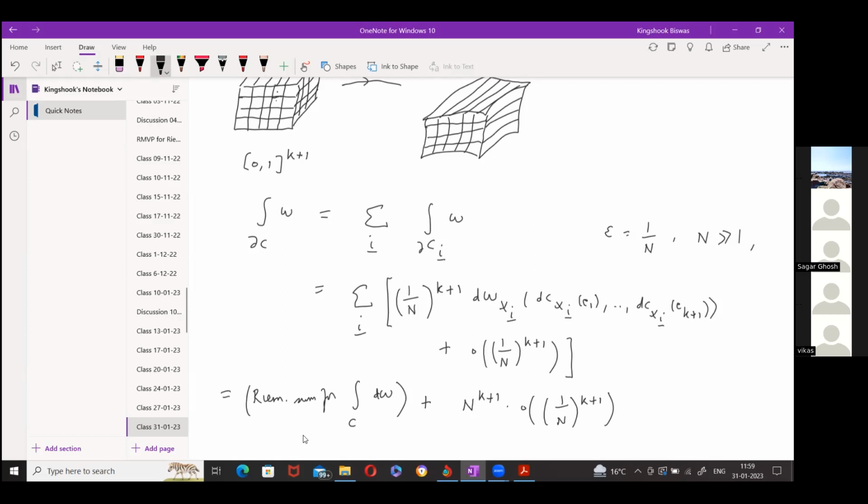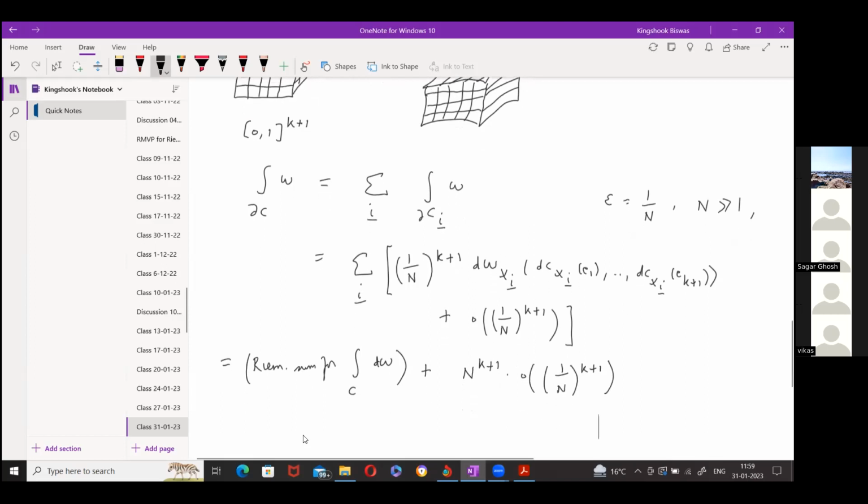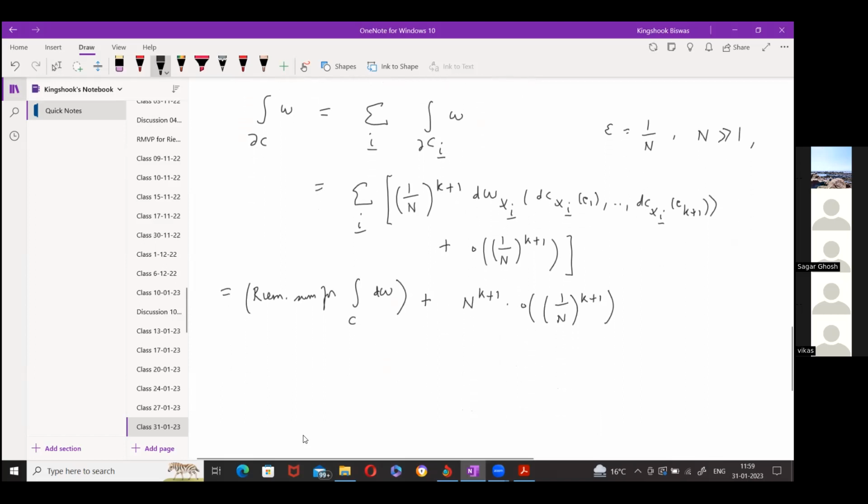Okay. So that gives me a little o of 1. This thing is little o of 1. And this thing converges to the integral. So the whole thing converges as n tends to infinity to the integral of d omega over C. Okay, so that's it.